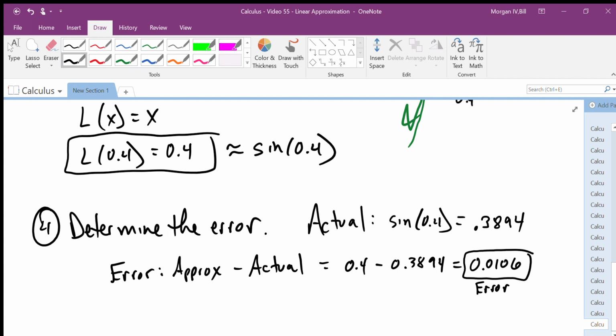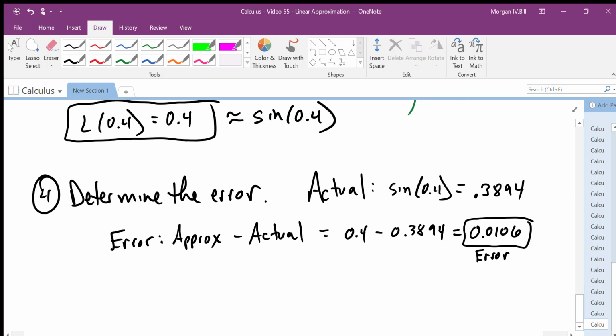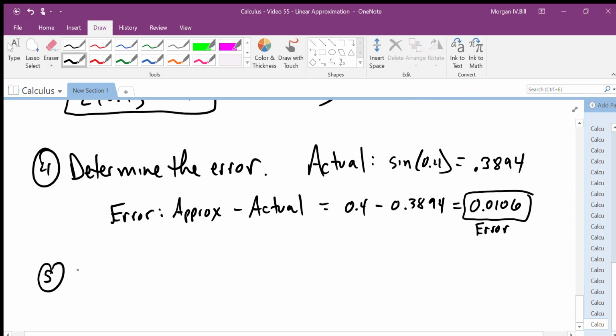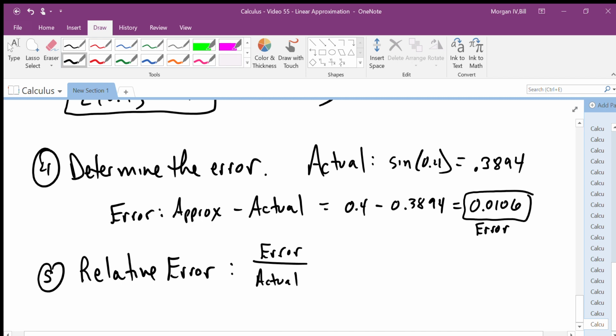That's not bad. The follow-up question might be like, well, relatively speaking, how good is that? Well, we can turn this error into what's called relative error. What we do for relative error is we take our actual error and divide it by the actual amount, times 100% to put it into a percent.